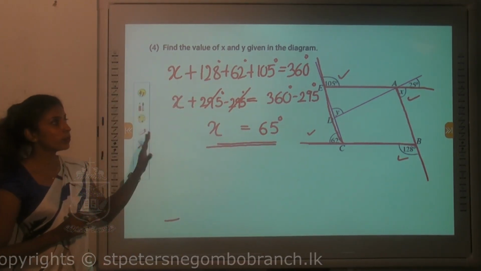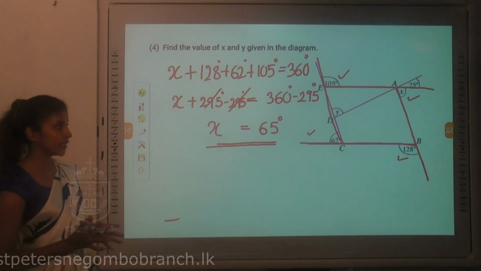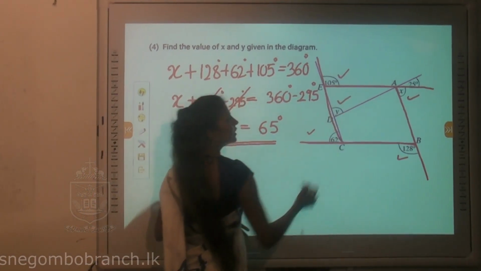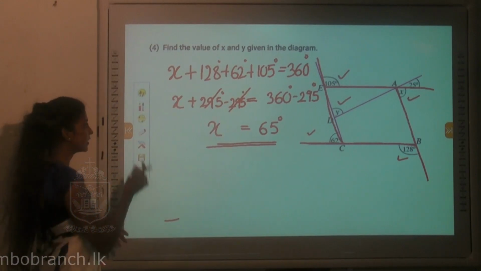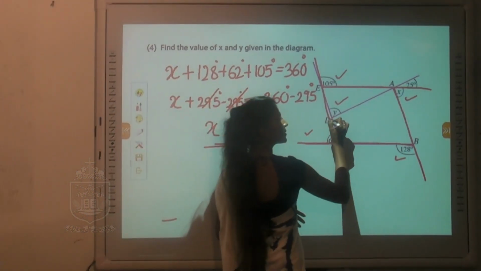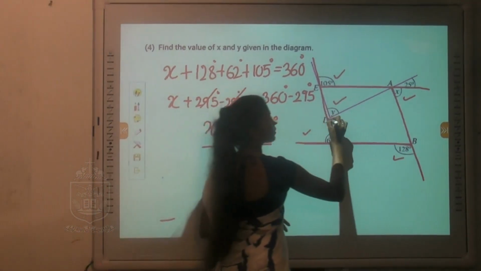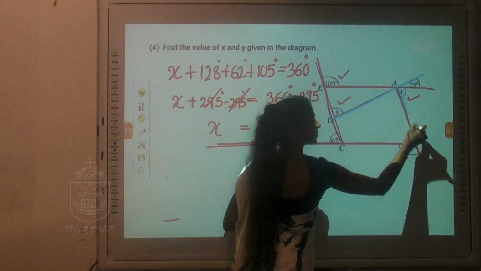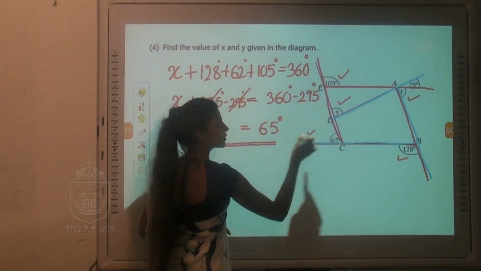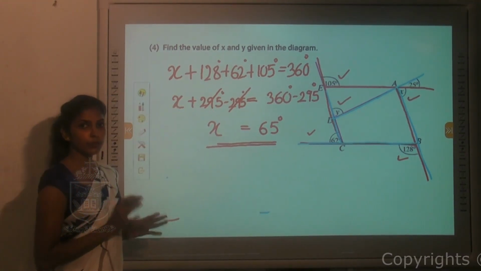So we have found one unknown angle and there's one unknown angle remaining, that is y angle. How can we find y angle? So let's see this quadrilateral, children. So I'm going to select this quadrilateral now. Consider this quadrilateral which is marked in blue.